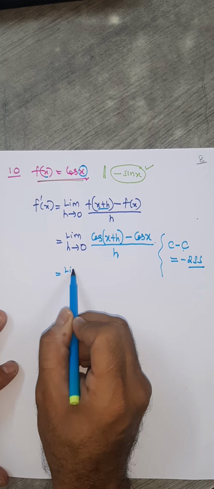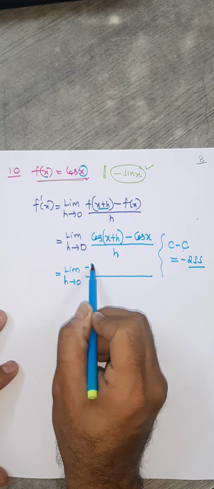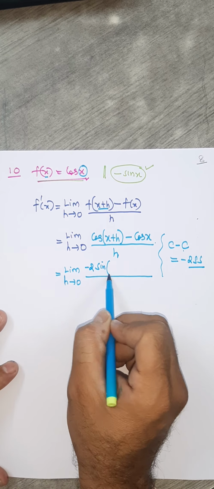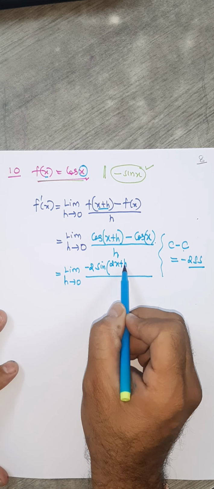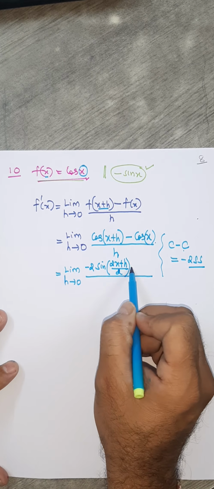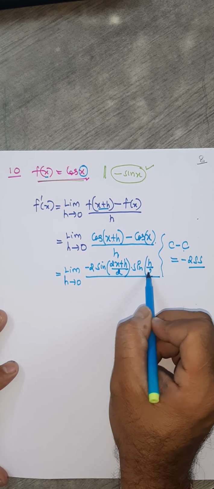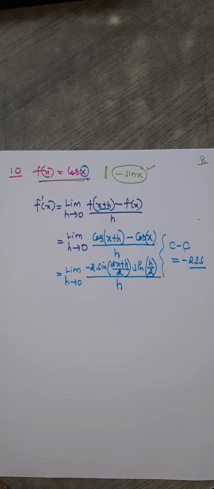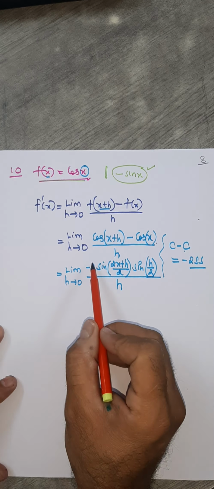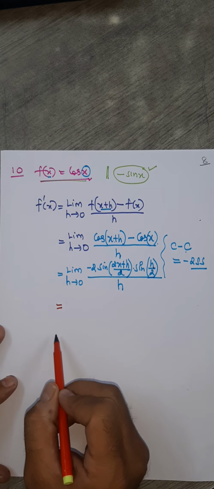So this is equals to limit h tends to 0 minus 2 sine this plus this by 2, so 2x plus h by 2, into sine this minus this, which is h by 2, upon that h as it is. What we have used? Factor formula. What is factor formula? Cos C minus cos D equals minus 2 sin, this plus this by 2, sin this minus this by 2.